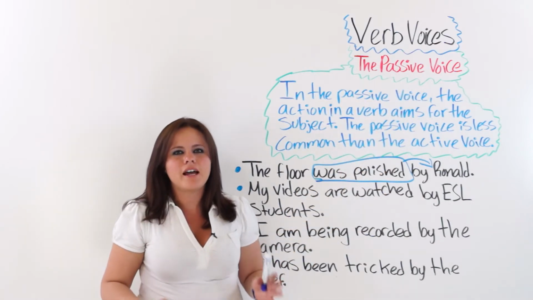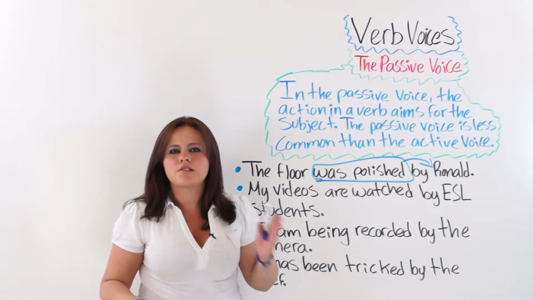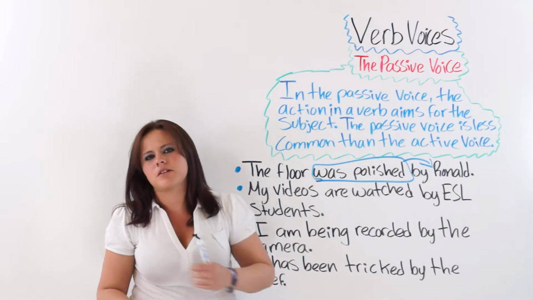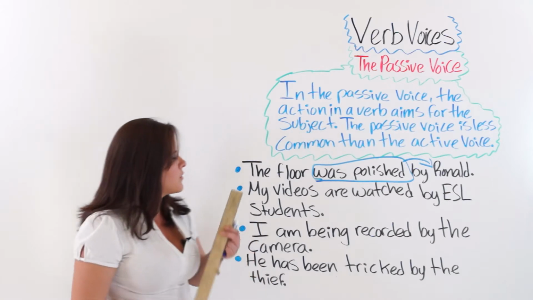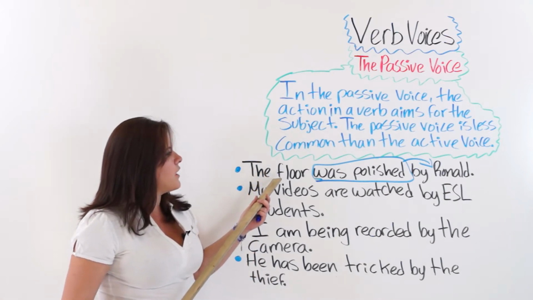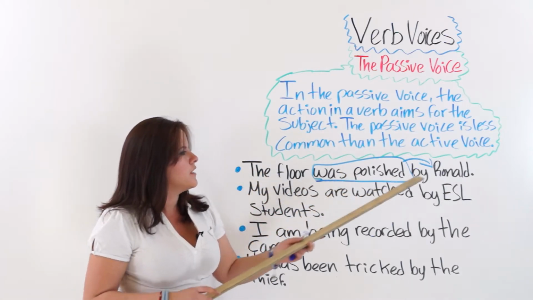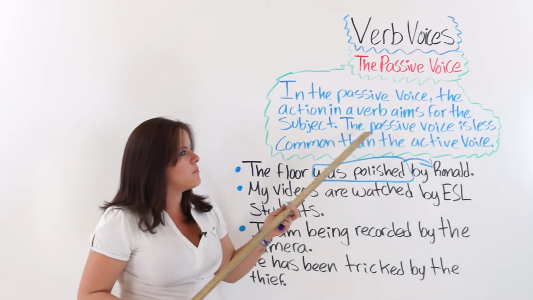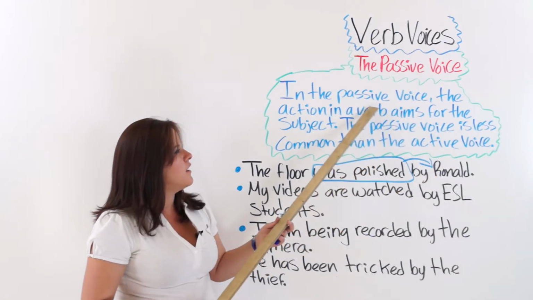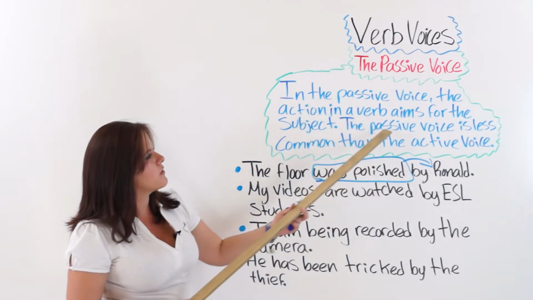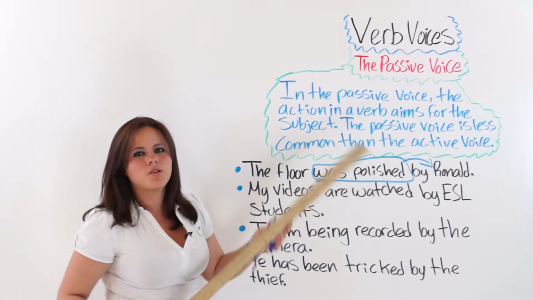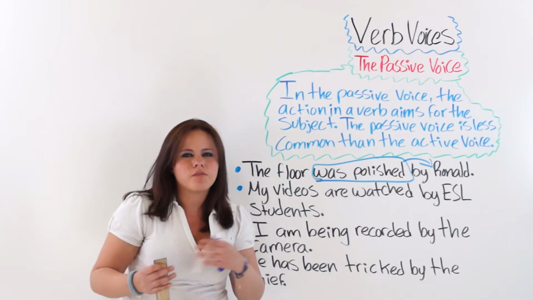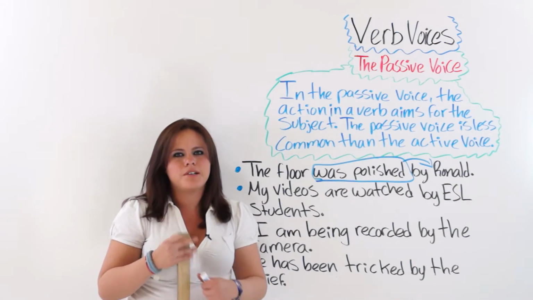Remember that the active voice is a regular subject, verb, and object structure, unlike the passive voice, where we first have the object, the verb, and the subject at the end. In the passive voice, the action in a verb aims for the subject. So it is like reversing the active voice.